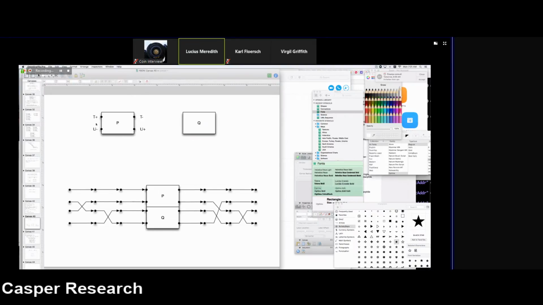Okay, so if P and Q are going to communicate, then they have to have both sets of polarities, right? So here they would communicate like this.